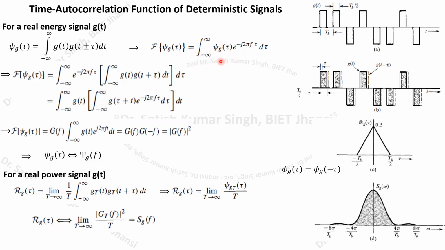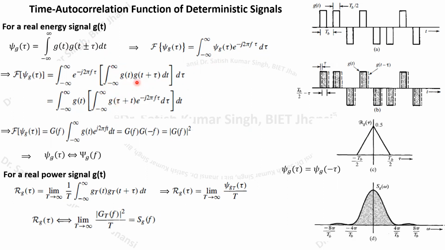So this is how the psi g tau function is actually integral from minus infinity to infinity of g t plus tau d tau dt, and with respect to d tau, we are actually doing this integration, right? So I'm just substituting for this particular expression, and I have done the rearrangement of these particular terms, okay.